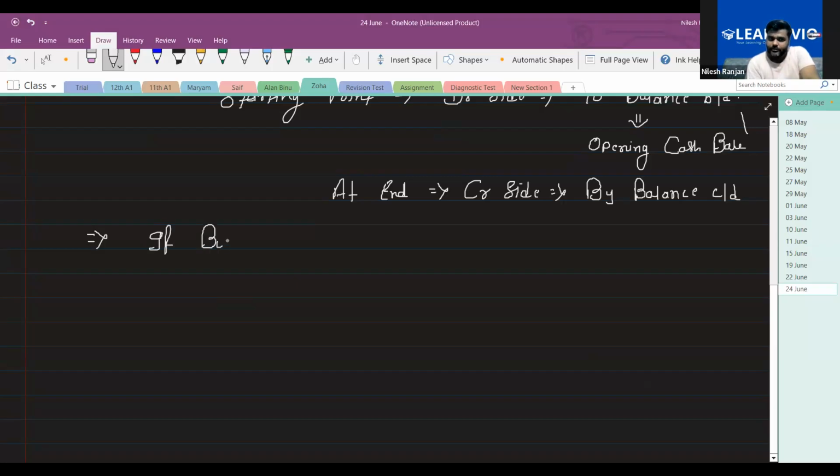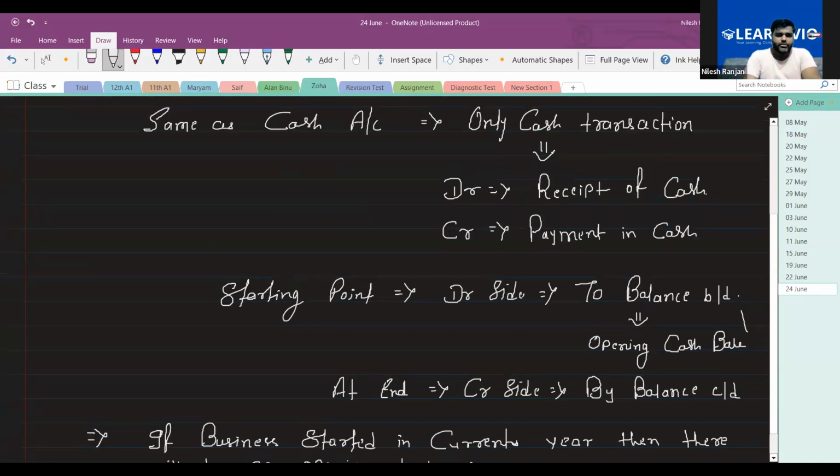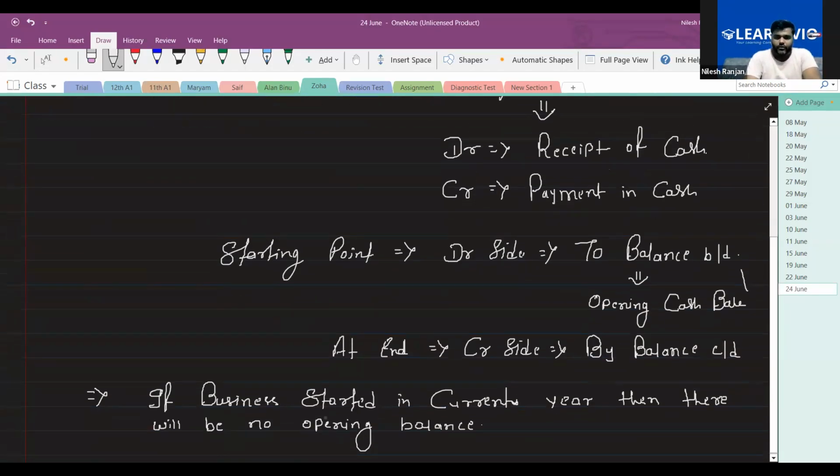So if the business started in the current year, there will be no opening balance. Write this note, then we will solve a question of cash.